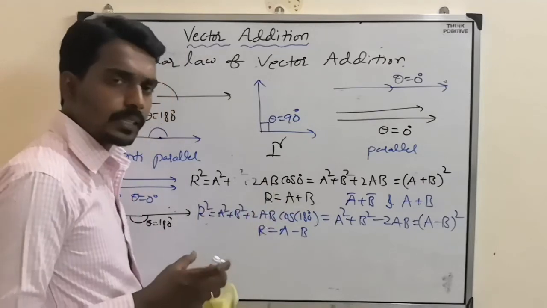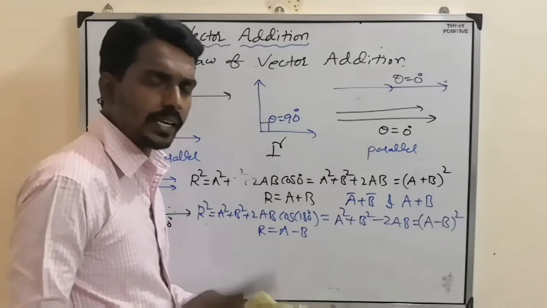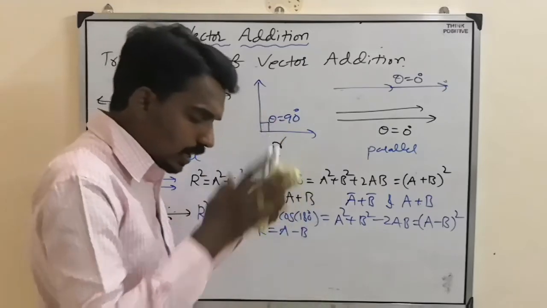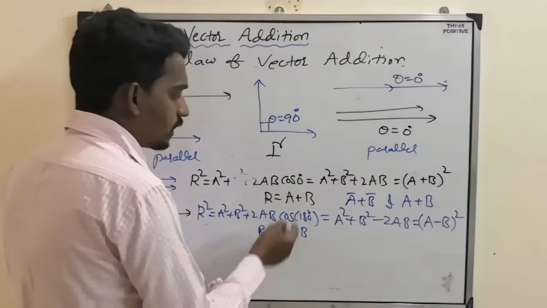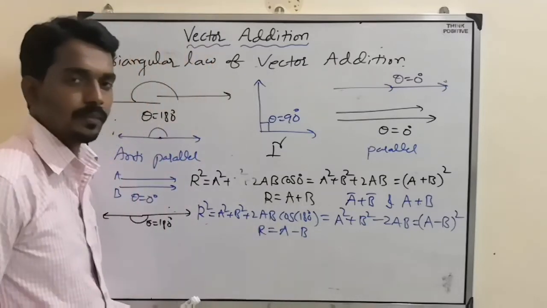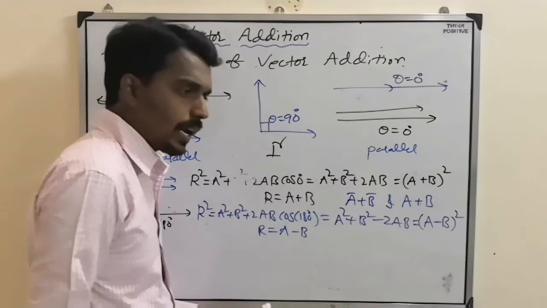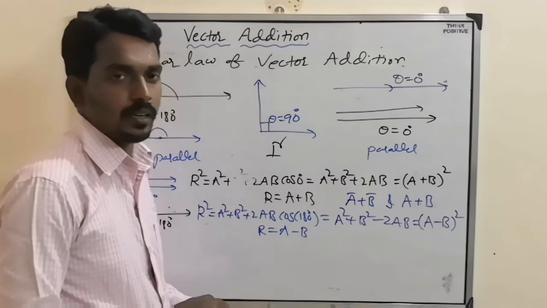So that's why, in both situations, how many forces are acting? 2. How much? 10, 10. But in one situation you are at rest, in another situation you are moving, because the vector resultant is different. So when two forces of 10 Newton are acting on a body, the resultant is not always 10 plus 10.